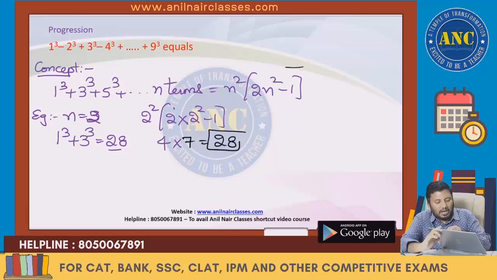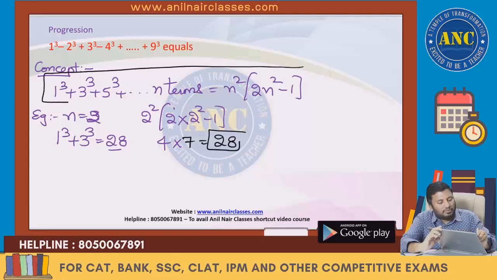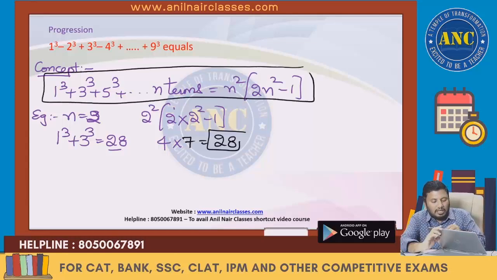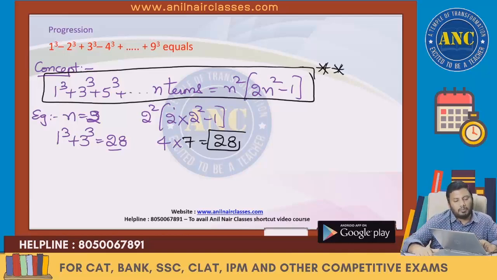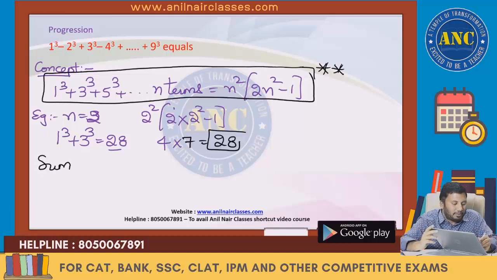First write down: the sum of the cubes of the first n odd terms is given by n²(2n² − 1). Very important point, this is something you will not find in the textbook.